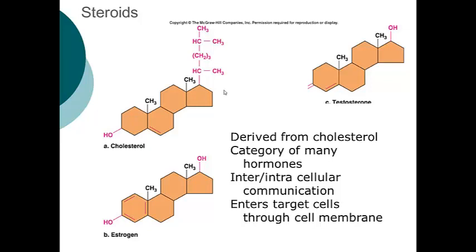But cholesterol, for our purposes, is going to be a necessary precursor for many of the hormones that are useful for us, specifically the sex hormones, but not exclusively sex hormones. These are important for allowing an organism to communicate, cellular communication within the organism.